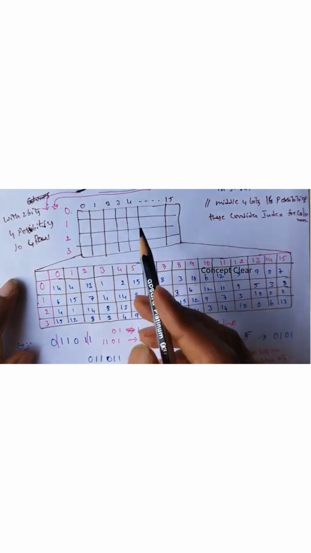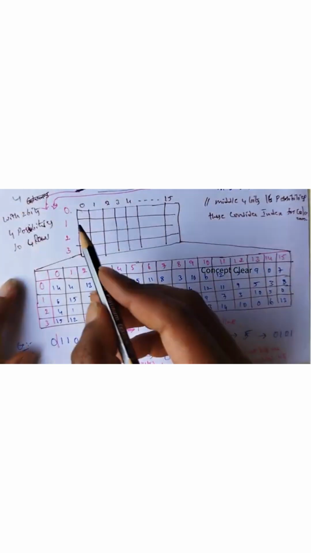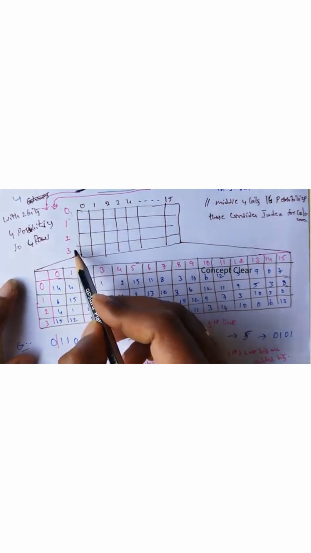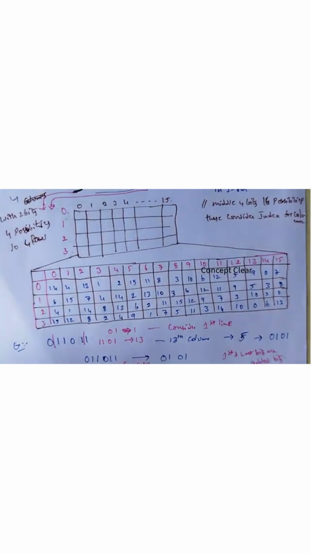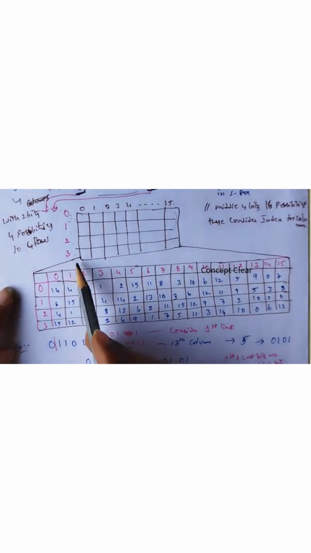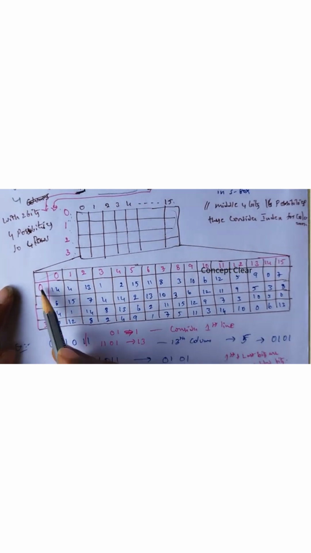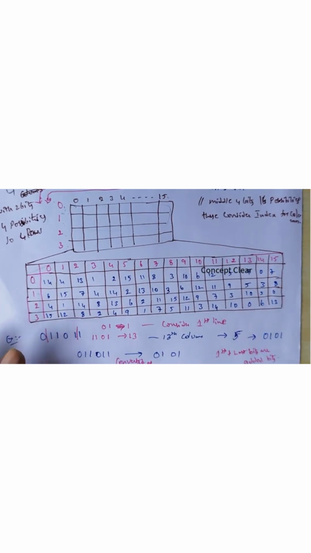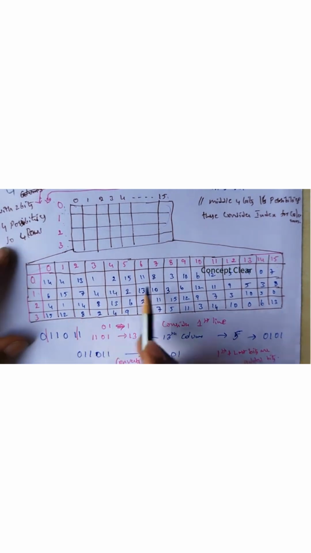With 2 bits, how many possibilities do we have? 4 possibilities: 0, 1, 2, 3. And 0 to 15. Here I am expanding this diagram with 0 to 15 and 0, 1, 2, 3. Here we can write any values from 0 to 15; you can declare any random values.